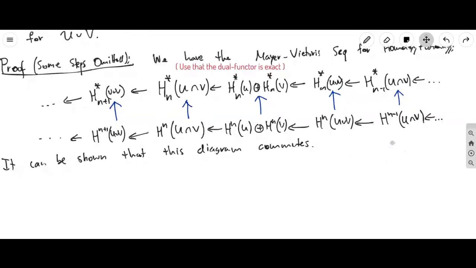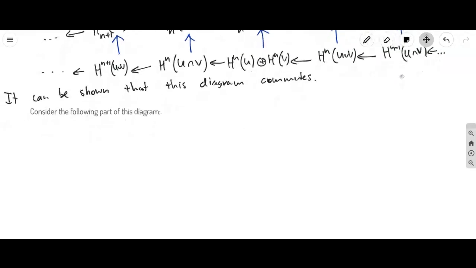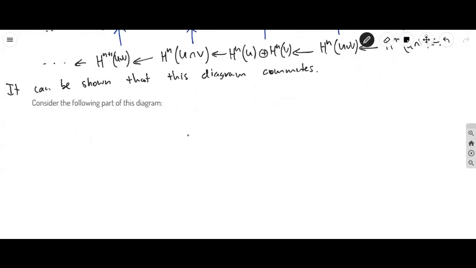So we have this. And now we have something very interesting. We know we have an isomorphism. So consider the following part of this diagram. This is the part we're interested in: the de Rham map on the union, in the nth dimension, goes to the dual.